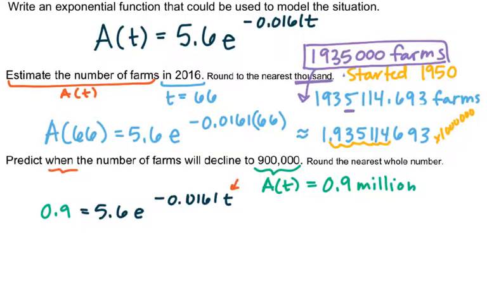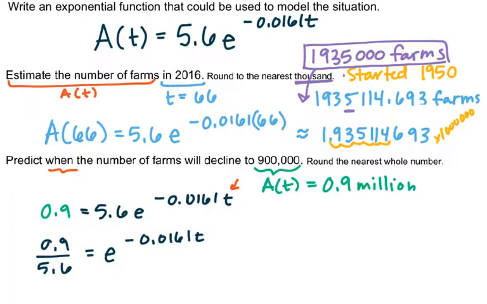That's what we're solving for. So we know the end amount, we want to find that time. So we'll solve this problem. I'll divide on both sides by 5.6. 0.9 over 5.6 equals e to the negative 0.0161 t.